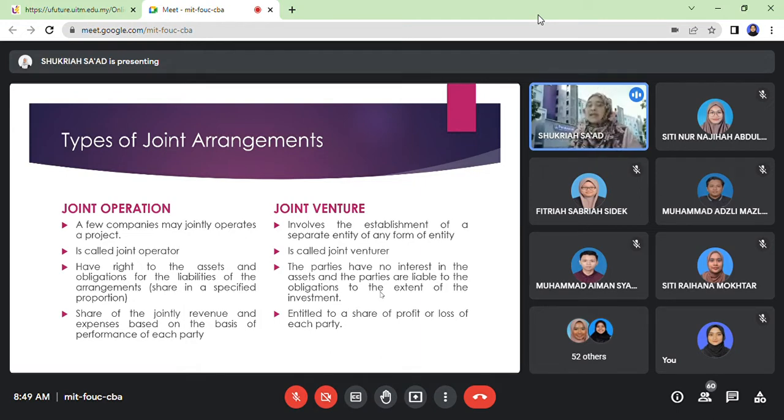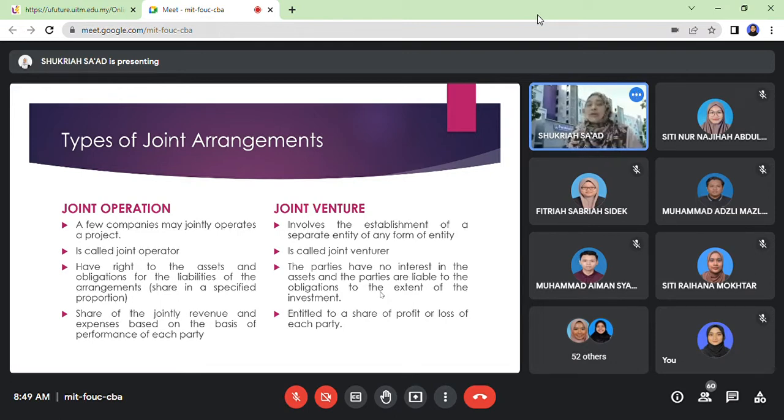Meaning to say, let's say we have company A and company B that agree to join together to handle one project granted by the government. The companies that are jointly together under a joint operation will be called joint operators.